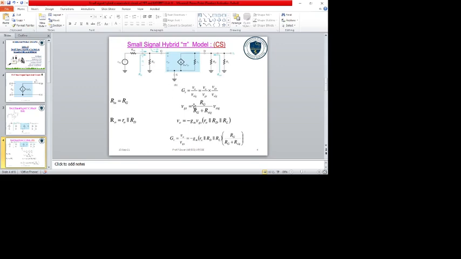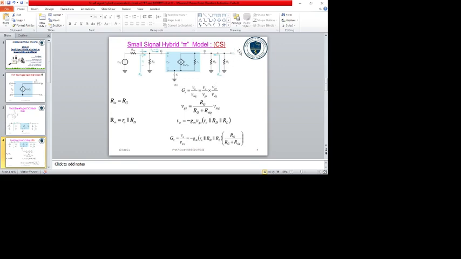So, we can apply the voltage division rule. According to the voltage division rule, VGS is equal to V input signal into branch resistance divided by total resistance.